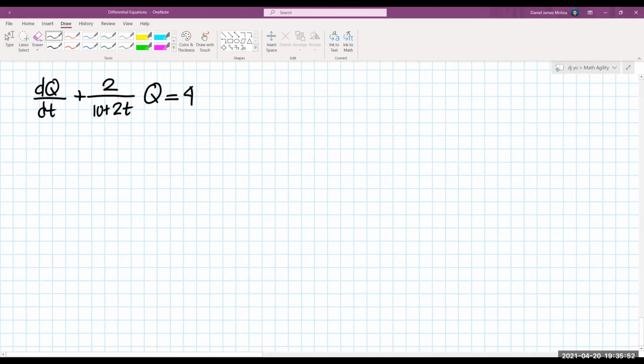Okay, so here we can actually cancel 2 in our second term. We have dq over dt plus 1 over 5 plus t q is equal to 4. Okay, that's for simpler solutions.